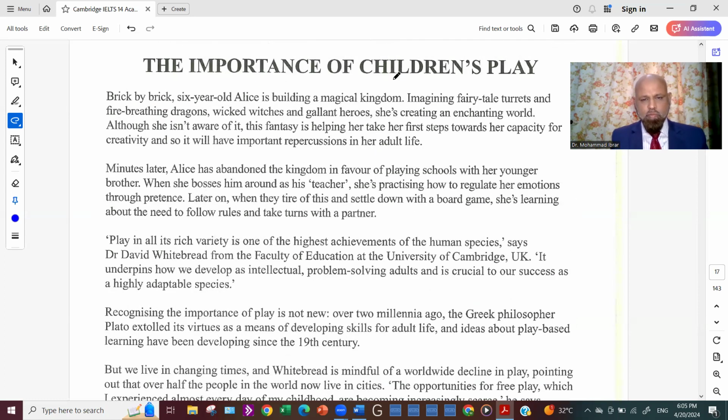You see the importance of children's play. So it's here. Now, we'll just read the first and the last line of each paragraph so as to find the information that we need. Okay. Using the keyword. So Alice is building a magical kingdom. You see? So we have highlighted the keyword magical kingdom. It's here. So let's highlight it.